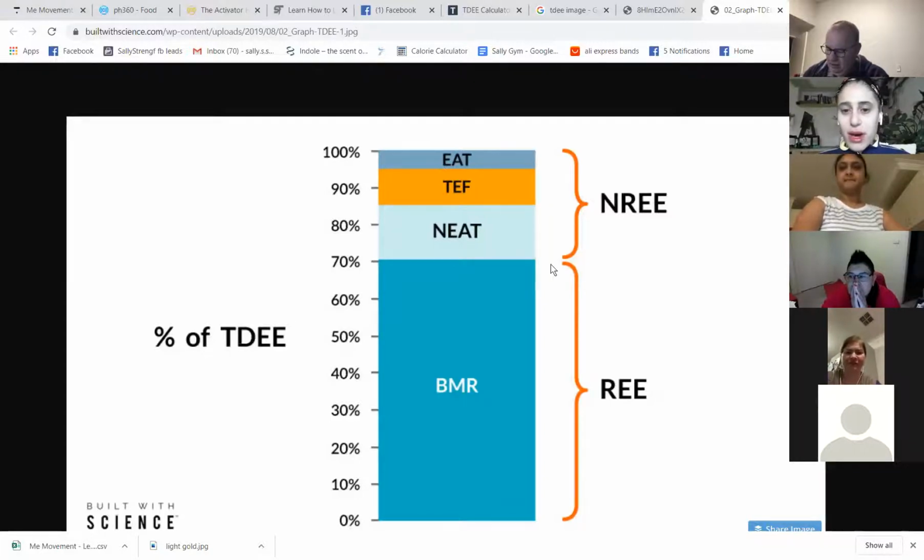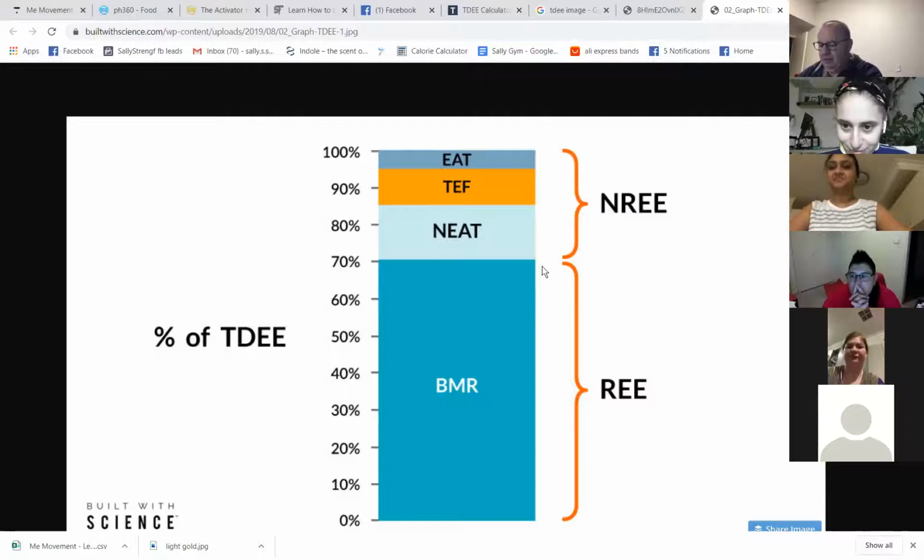That means the body uses more energy to break down your food. So you're not even doing anything, and you're using calories. How good is that? So that's a little hack. That's what I say: increase your protein.